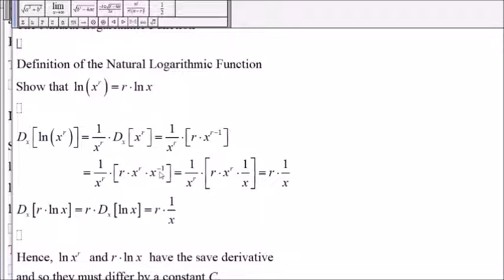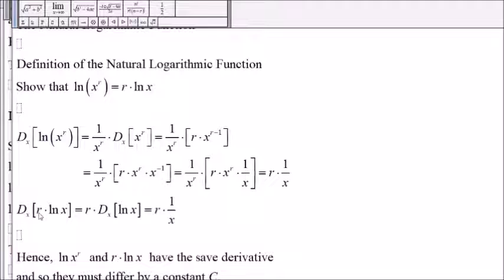And then x to the negative 1 is the same as 1 over x. So once again, these x^r cancel out, and what's left is just r times 1 over x. So we've just shown that the derivative of ln x^r is r times 1 over x.